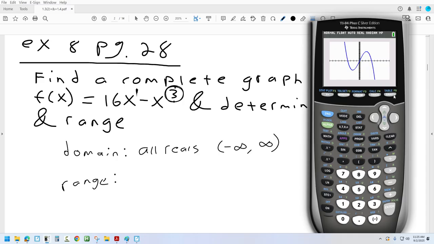Can you see both of the turns on the window now? Yes. Then the graph is not going to do anything else to turn. It's going to continue the same behavior if you zoom out, just continuing in those 2 directions. So, based on that, what do you think the range would be?